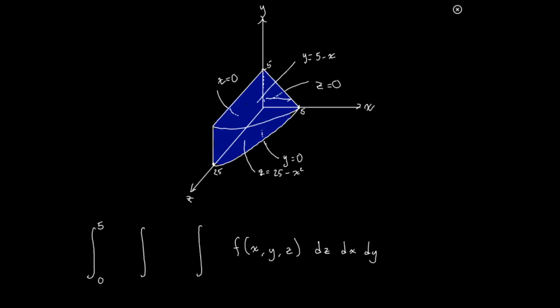Except we need to rewrite that function so that it's in terms of x. So how will we do that? That means x equals 5 minus y, right? Okay, so it goes from x equals 0, which is this line right here, to this line right here, which is 5 minus y.